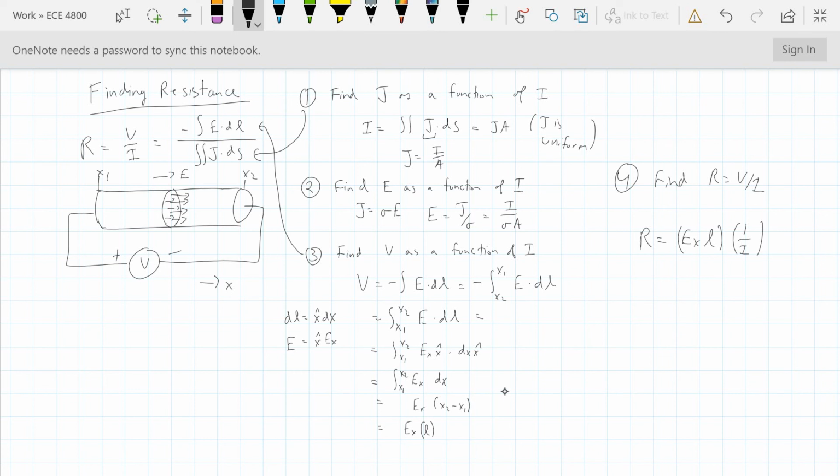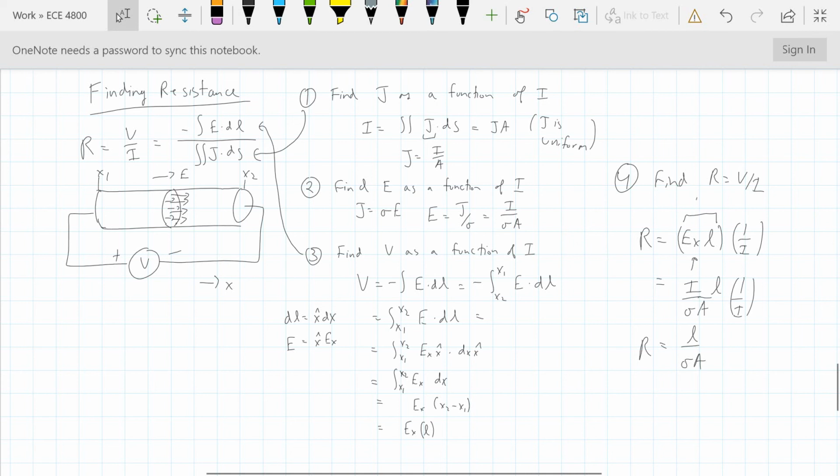Now, the E sub x that we found, E is equal to J divided by sigma, and that's equal to I divided by sigma A. So we substitute that electric field, I divided by sigma A times L, and then we have this 1 over I here. The I's cancel, and we're just left with R equal to L divided by sigma times A. So the resistance is equal to V over I. So this first portion here, this is V.